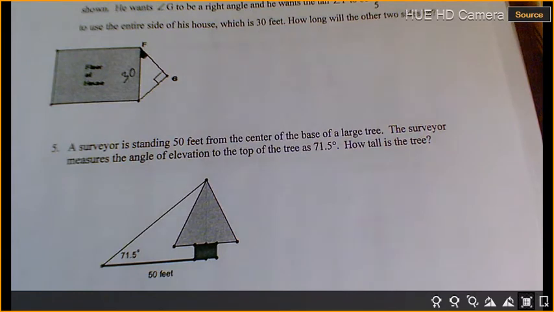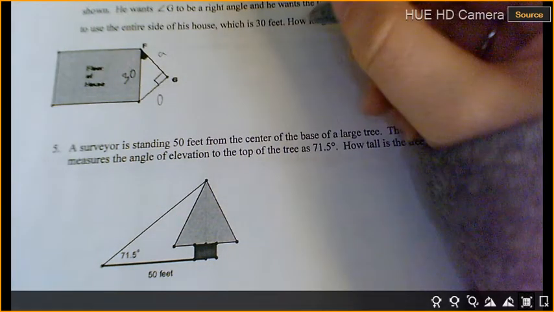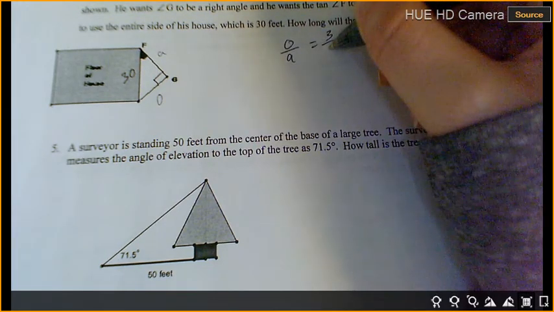Okay, so this is very similar to what we did the other day where you weren't given an angle. Again, there will not be one like this on your quiz tomorrow. So tan of F is opposite over adjacent, right? So it's telling me the opposite over adjacent needs to be 3 over 5.